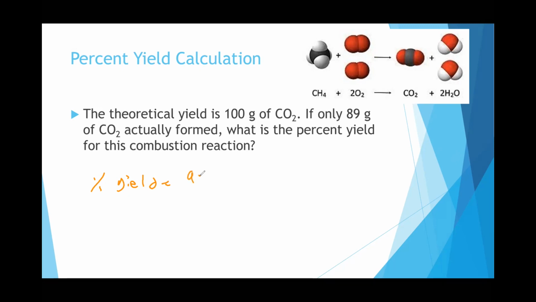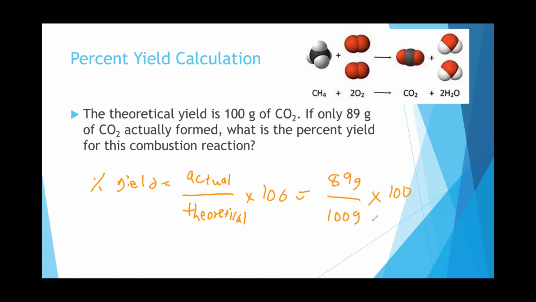is actual over theoretical times 100. So I said actually formed, so that's 89 grams over 100 grams times 100. So that's 89%.